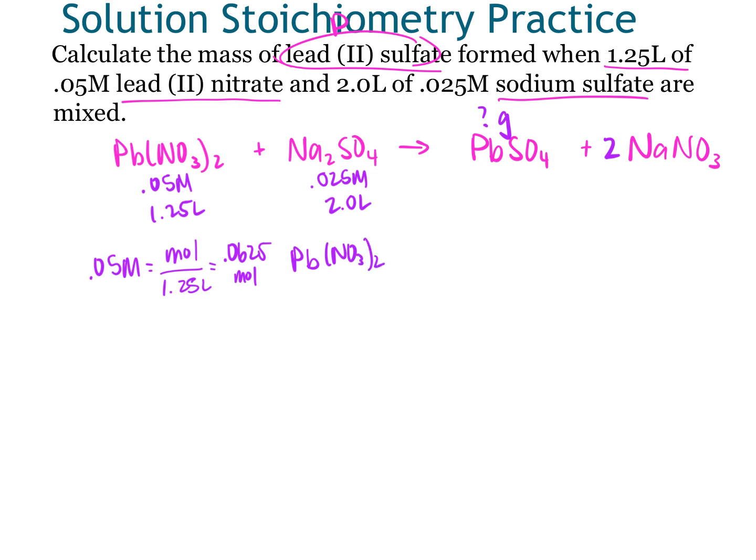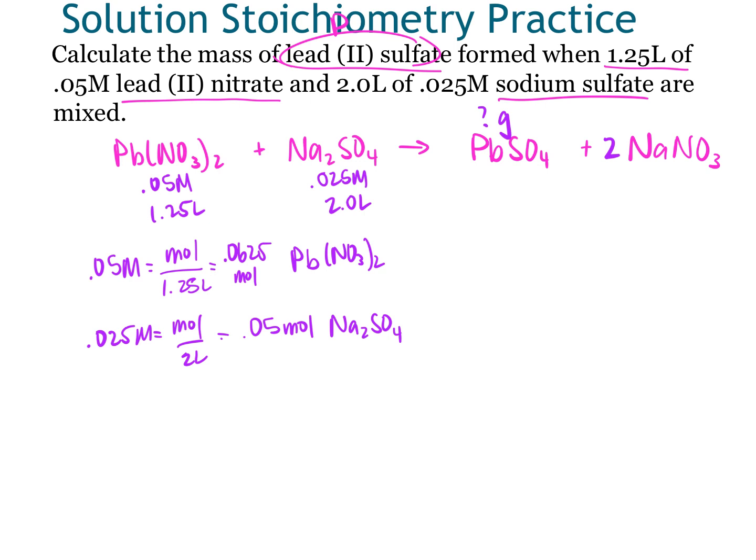And then in my second solution, I have 0.025 molar equals moles over 2 liters. So that would give me 0.05 moles of Na2SO4. Am I going too fast here, or are we hanging in there?